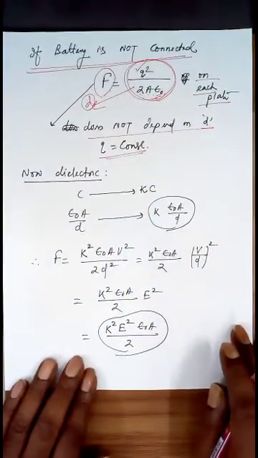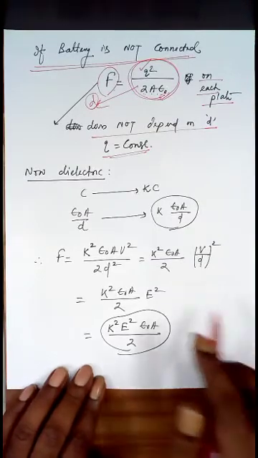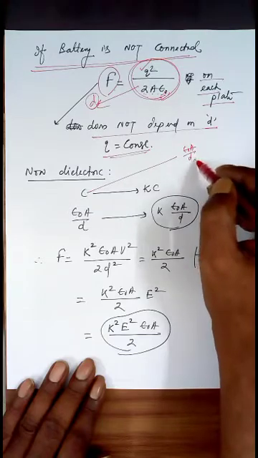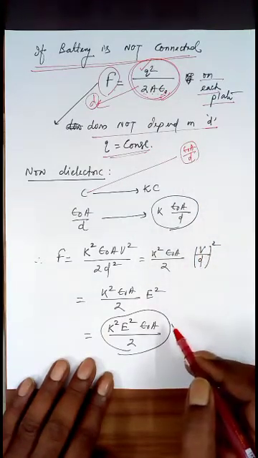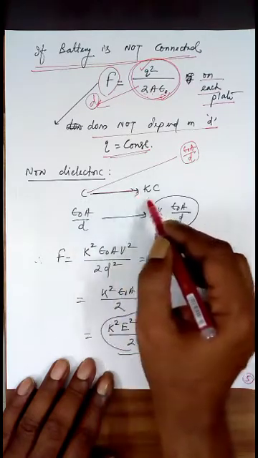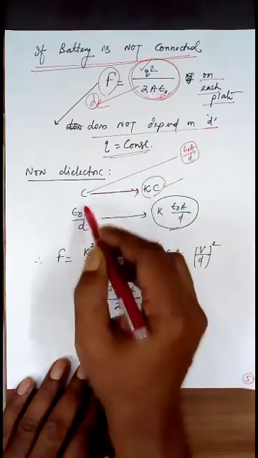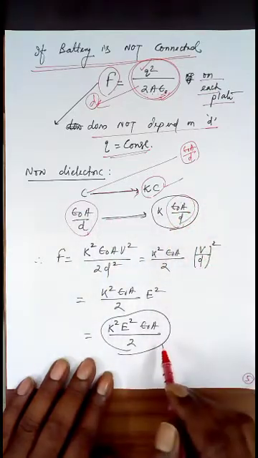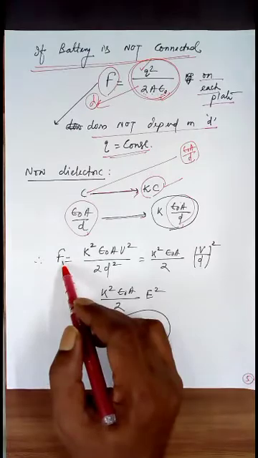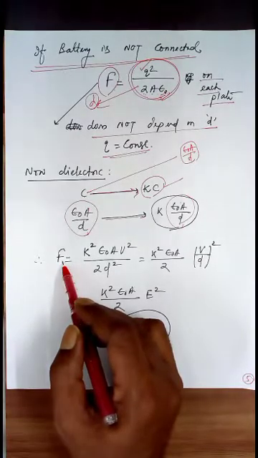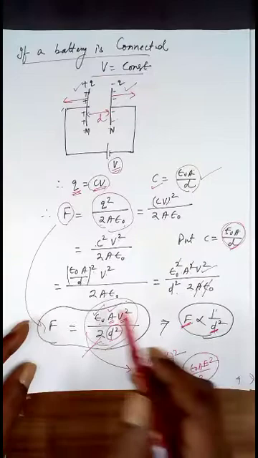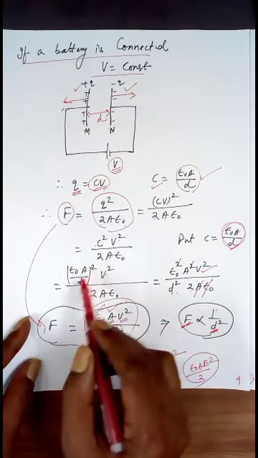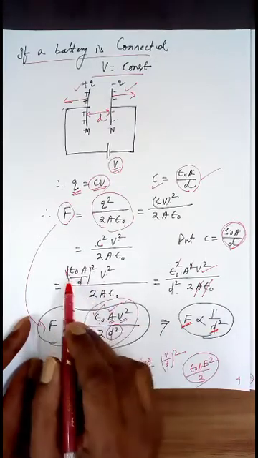Now if a dielectric is introduced, in the electrostatics chapter we learned the capacitance C of a parallel plate capacitor was equal to epsilon naught A over D, and when a dielectric was fully introduced, the capacitance became K times C. So C, that is epsilon naught A over D, becomes K times epsilon naught A over D. Now in the force that we calculated here, epsilon naught A over D whole square, if a dielectric is kept, we should put a K here, K square.